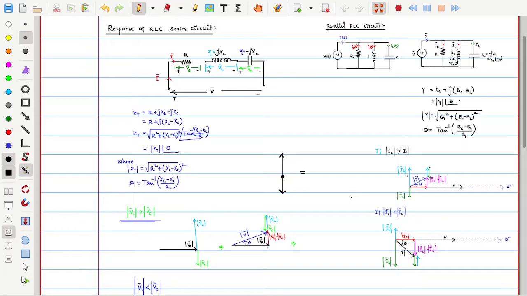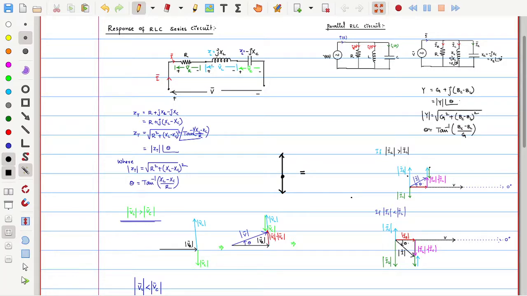See here, VL is higher. In case VL is higher, then VL minus VC is what the red color arrow is, which is the resultant or the addition of the voltage across the inductor and voltage across the capacitor.